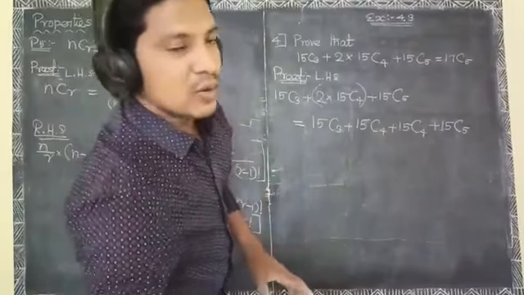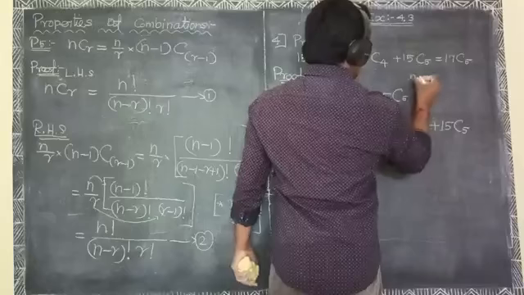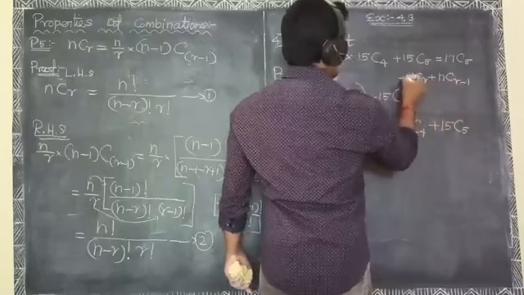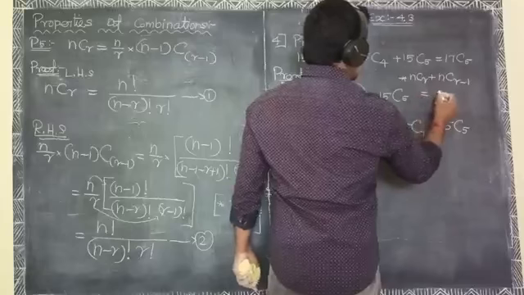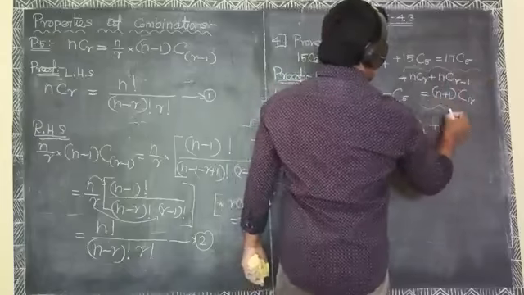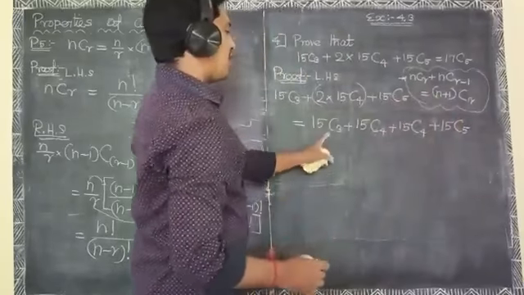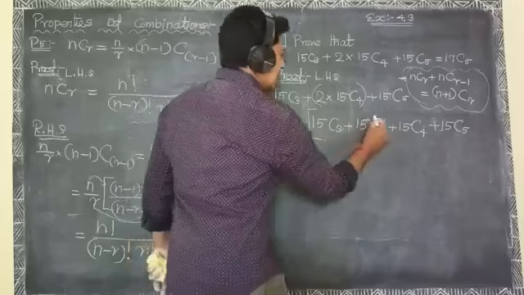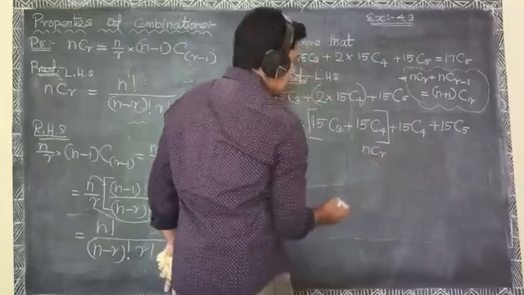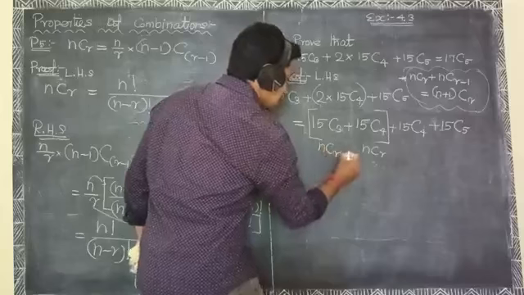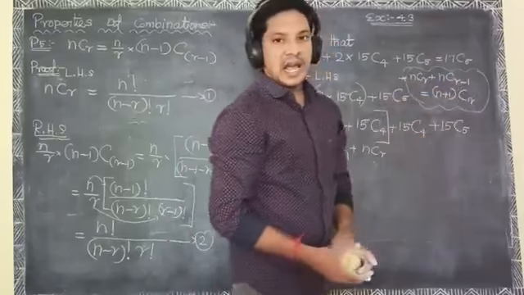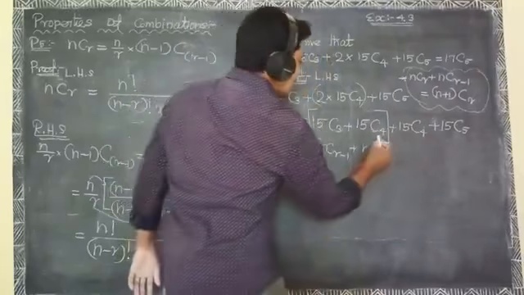Here using the property nCr plus nC(r minus 1) is equal to (n plus 1)Cr. Comparing the two terms 15C3 and 15C4, this is like nCr and nC(r minus 1), which can be written as (n plus 1)Cr.